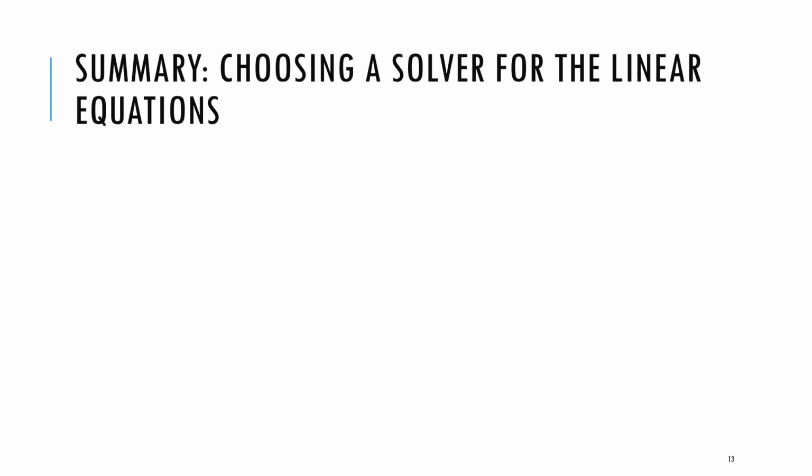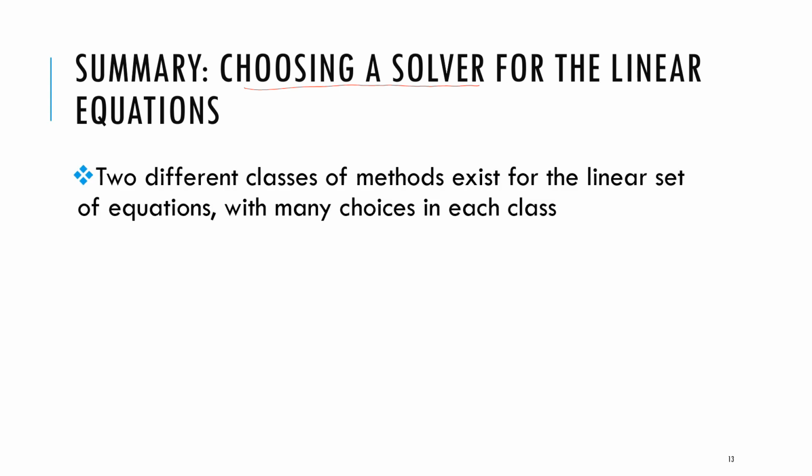So now, to summarize in terms of choosing a solver, it's kind of easy because there isn't as much we can do. Generally, there are two different classes of methods: the direct solvers and the indirect solvers. There are many choices within each one.